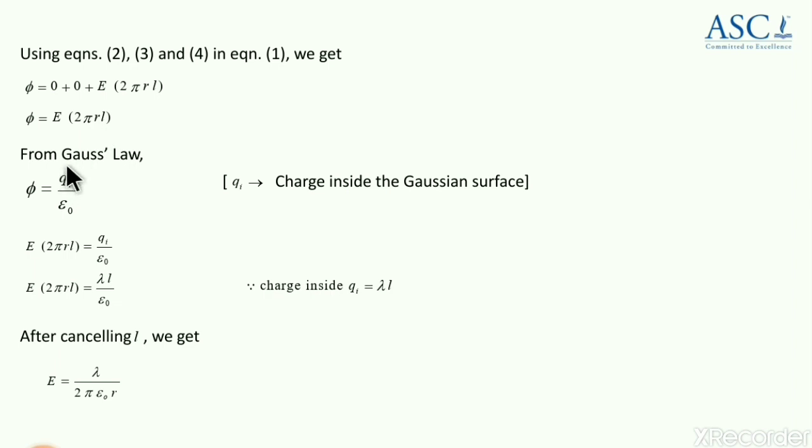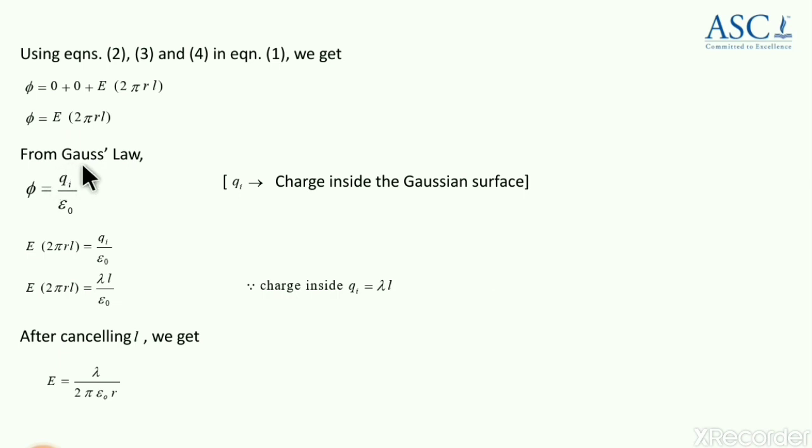And now it is the turn to make use of Gauss law. According to Gauss law, flux equals Q by epsilon naught. So here Q is the charge inside the Gaussian surface, which is the only thing that matters to the Gauss law electric flux. So that you should always remember.